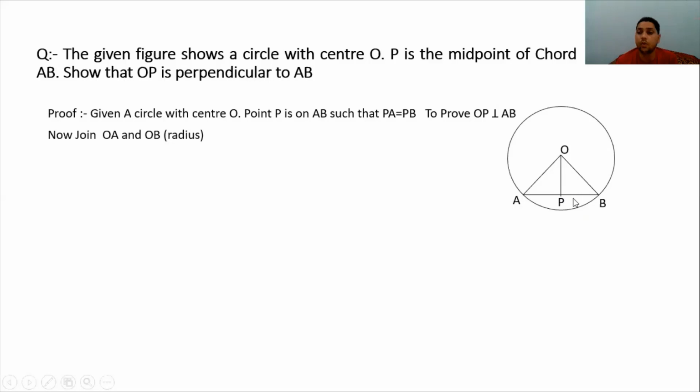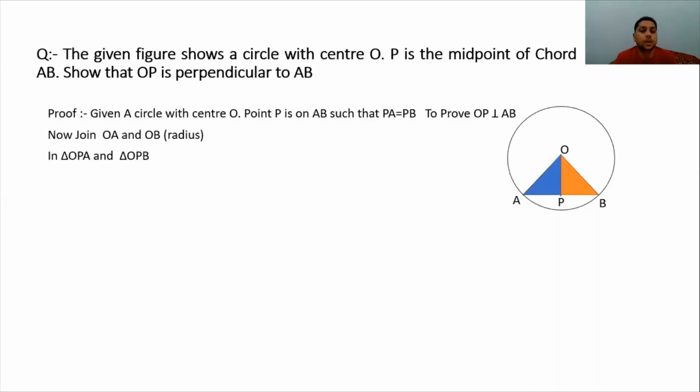So OA and OB are radii of the circle. Now we have two triangles here, triangle OPA and triangle OPB. The first triangle is OPA and the second triangle is OPB.